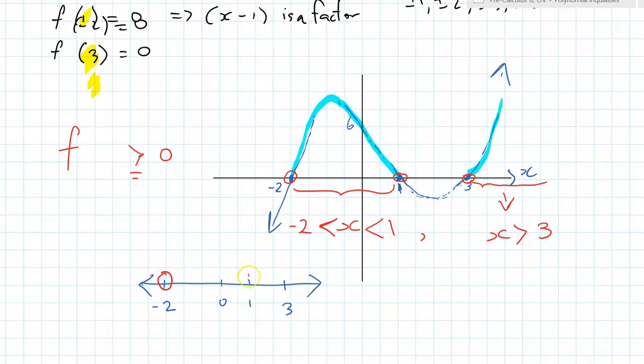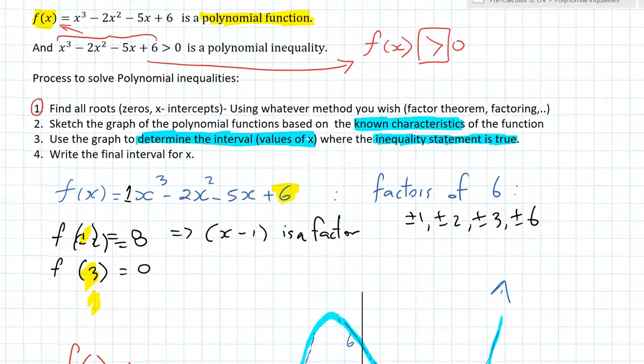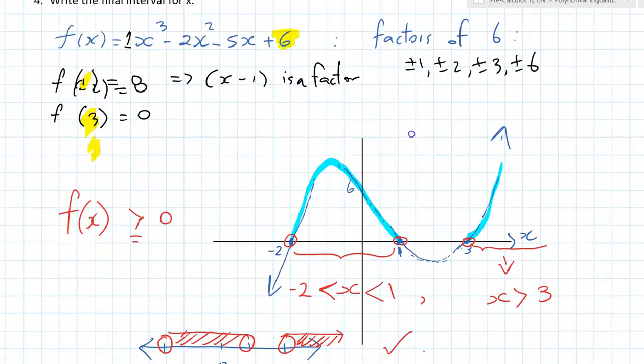Between -2 and 1, all of those values are part of the solution, and then from 3 on, or greater than 3. And that would be the solution to the polynomial inequality f of x greater than 0, where f of x is x cubed minus 2x squared minus 5x plus 6 greater than 0. Okay, that's how you will do it.